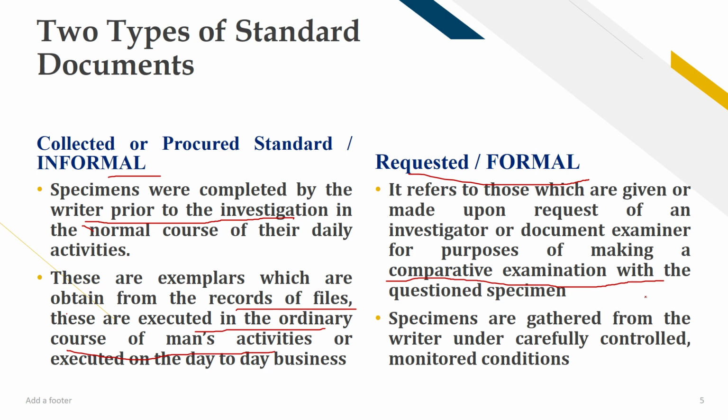Usually, pwede rin natin yung tawaging evidential signature kung pirma. So, yung salitang requested po, ito ay ginagamit generally or it's a generic term kapag tayo ay magre-request ng pirma or ng sulat. Pero usually, the word requested po ay ginagamit sa pirma. Okay? Tandaan po natin yan.